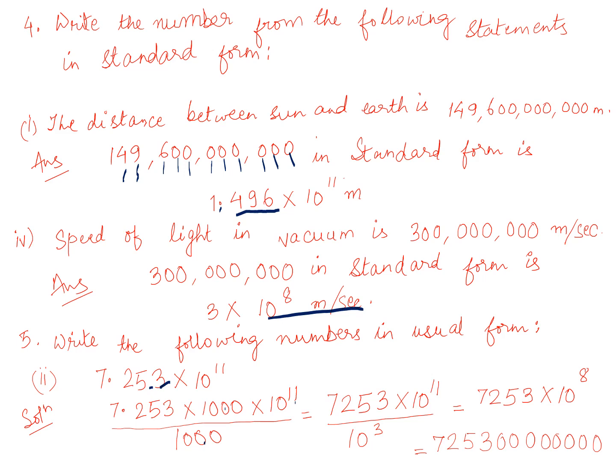Now 10 to the power 11 divided by 10 to the power 3 is 11 minus 3, that will be 10 to the power 8. So 7253 times 10 to the power 8 means you write 7253 and then place 8 zeros: 1, 2, 3, 4, 5, 6, 7, 8. Clear?